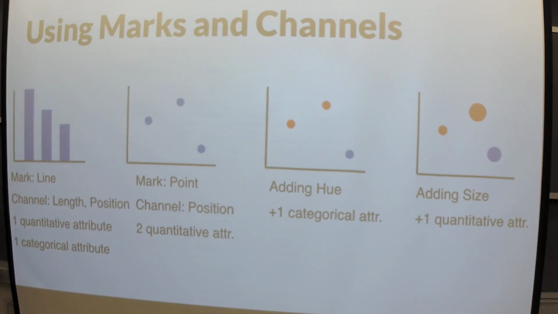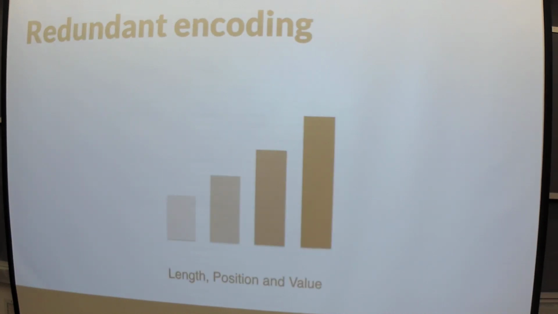If we want to add an additional attribute, we could, for example, add hue to visualize a categorical attribute, or in addition to that, add size for an additional quantitative attribute. And so what we are seeing here is that we can combine those visual variables to visualize something a little bit more complex. But of course, there are limits to this.